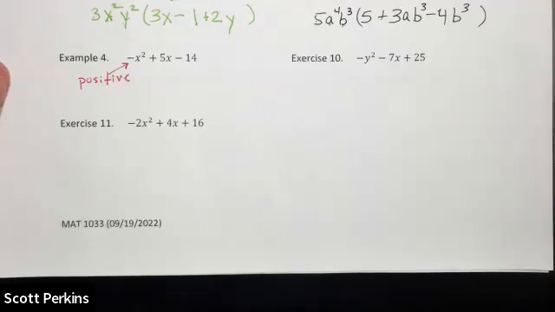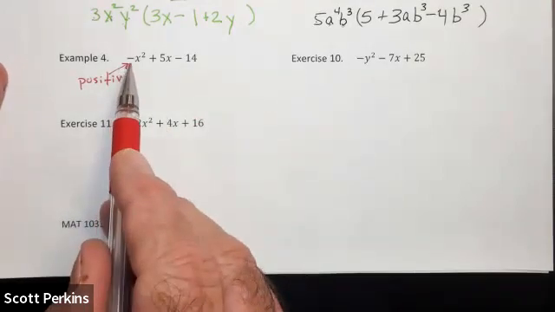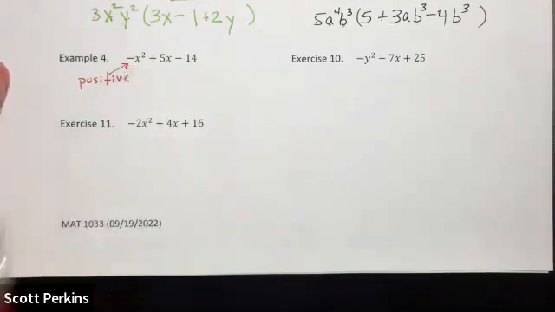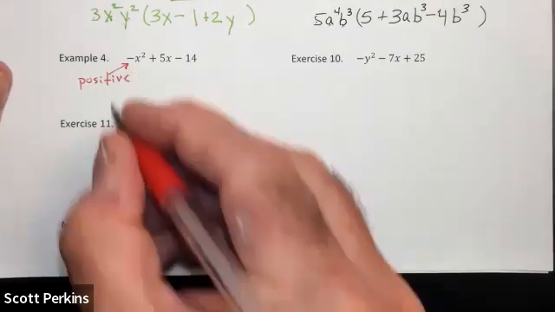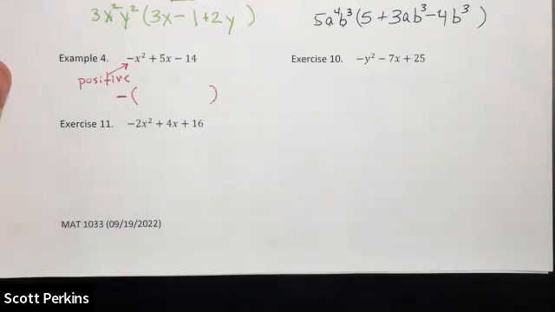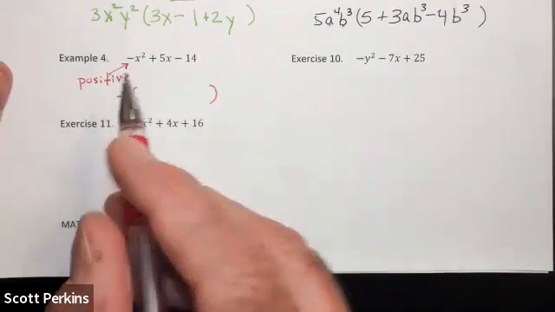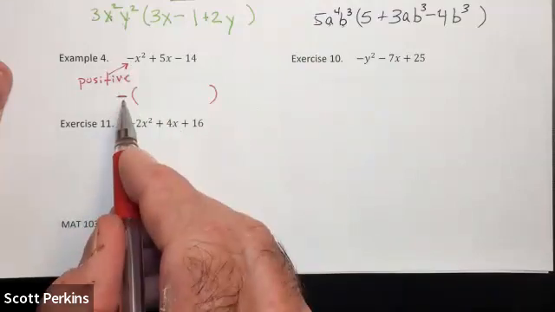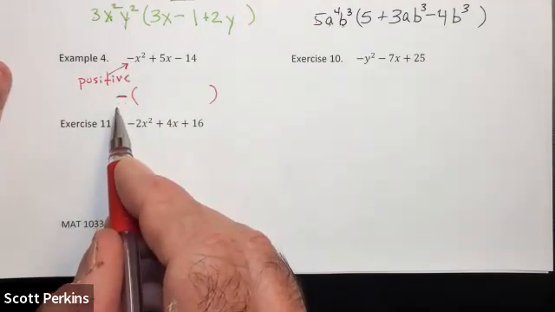And so all that means to do, hopefully not anything too challenging, but when I notice I've got a negative in front of that first term, I'm going to factor out a negative. So I'm going to put a negative and I'm going to write some parentheses right here. And then when I factor it out, a negative x squared divided by a negative, what does that leave me as my first term?